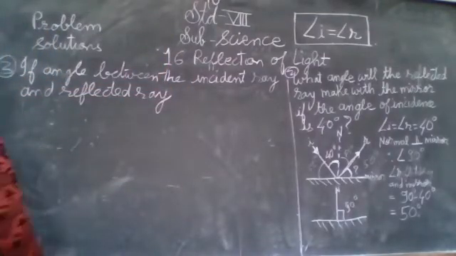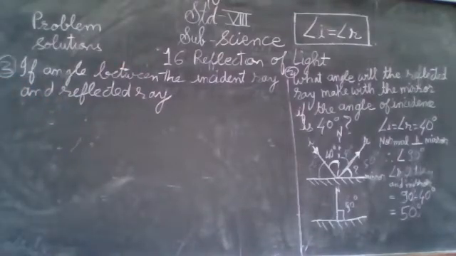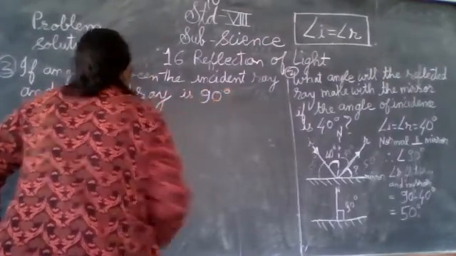What is given? The angle between the incident ray and the reflected ray is 90 degrees.